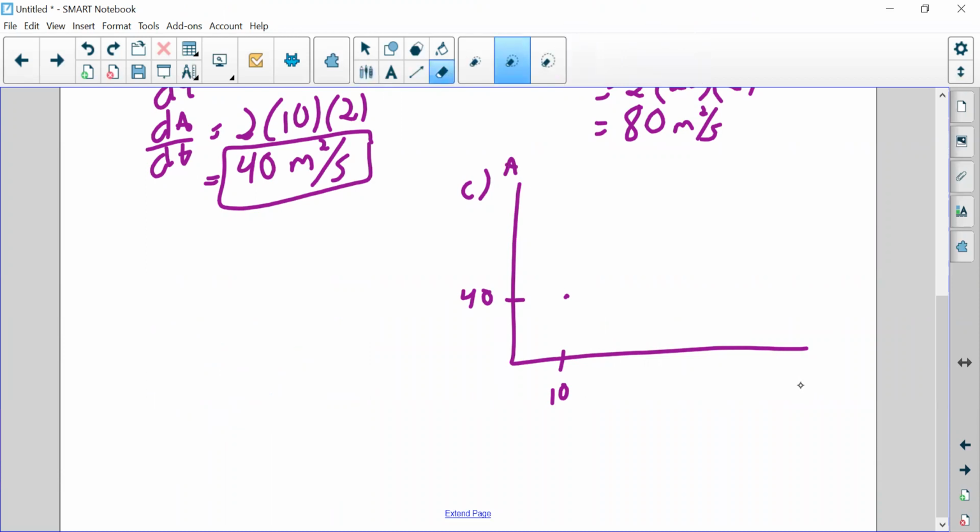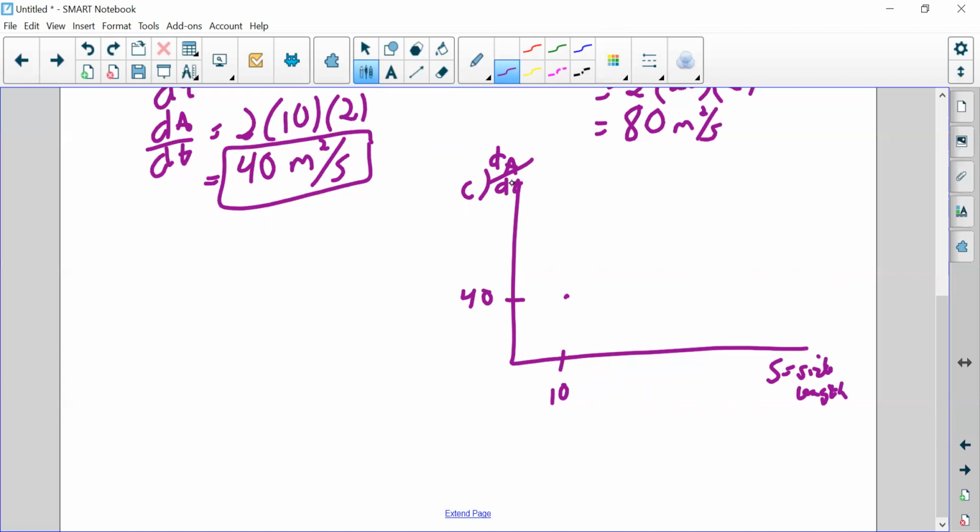What did they ask us to do? Draw a graph of how the rate of change of area varies with side length. So this is my side length, S, and this is my rate of change of area, dA/dt.